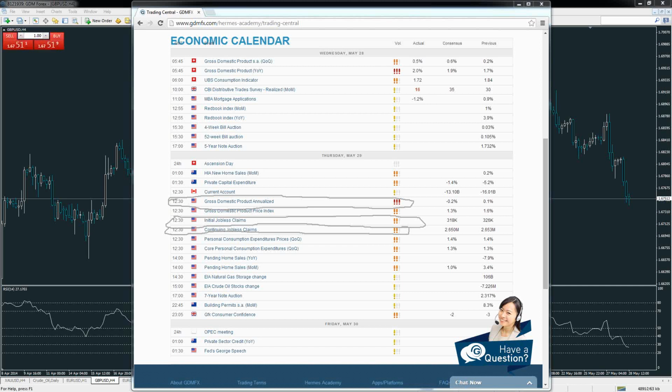Now, something that we're actually expecting tomorrow, we're talking about the consumer confidence. Now, it's usually released in the last week of the month. So what we saw on the numbers was a little bit better than expected.